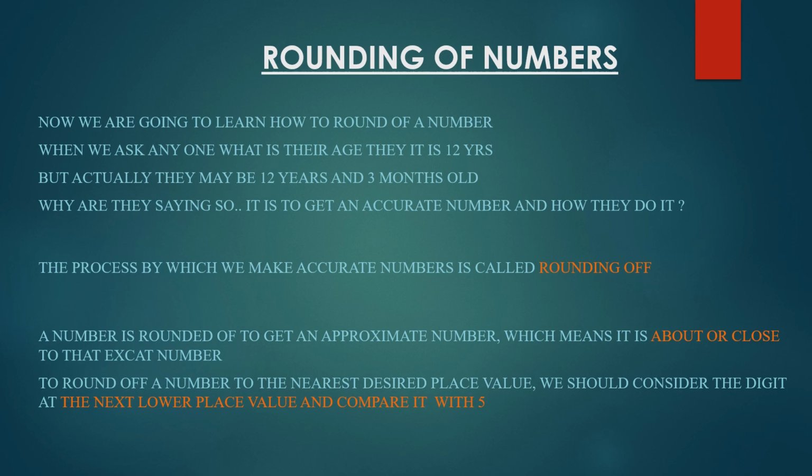After fixing that desired place, the next thing we have to think about is the next lower place value. We have to look into it and compare that digit with 5, and only after comparing will we finish the rounding off.